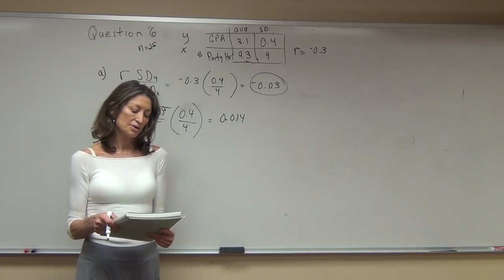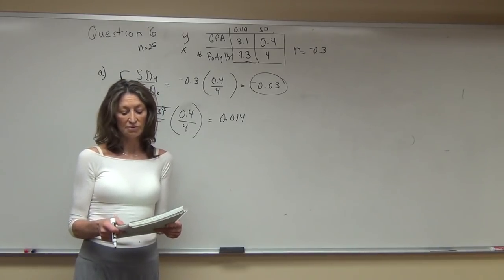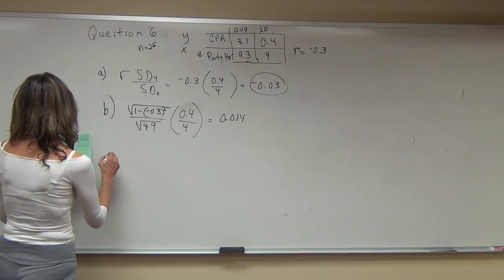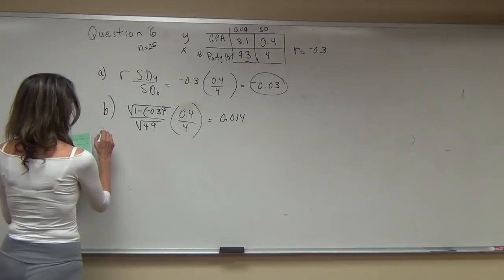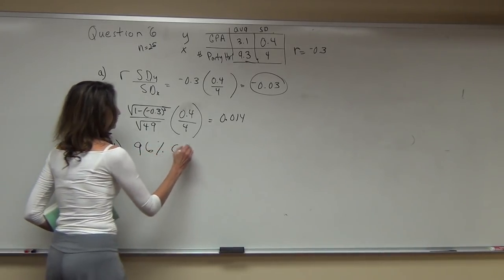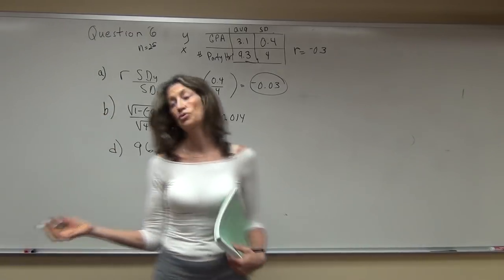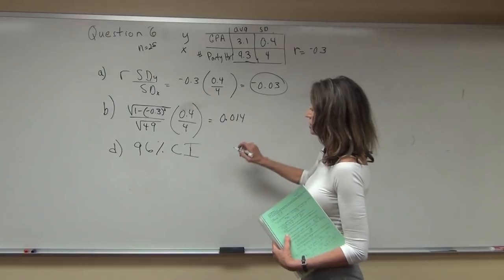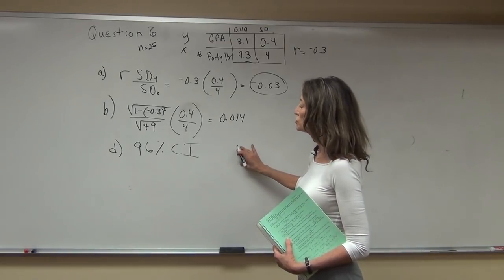And you might or might not need the normality of the errors. I haven't given you enough information. But anyway, for part D, you want to find a 96% confidence interval, and I just want you to use the normal curve, assuming that it's normally distributed around the regression line. So what are we going to do?